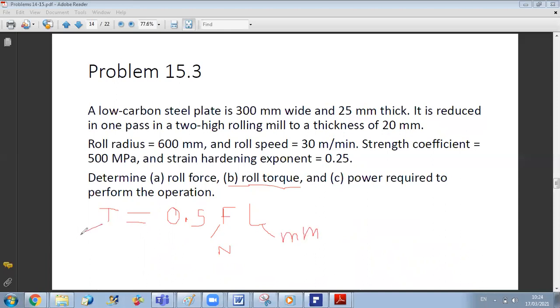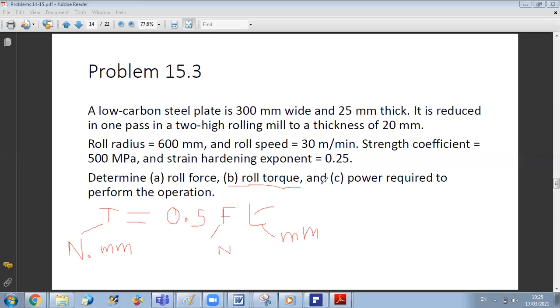If you want it in Newton meter, multiply this result by 10 to the minus 3. Or from the beginning, if you convert L to meter, you get your torque in Newton meter. Here you are free to do what you want since they didn't specify the unit. If the unit is specified, then you should put the unit required.